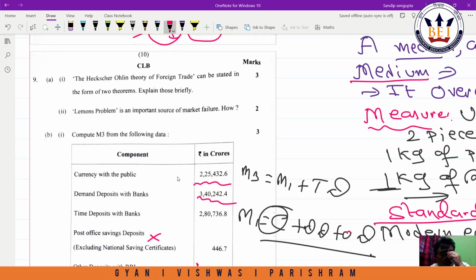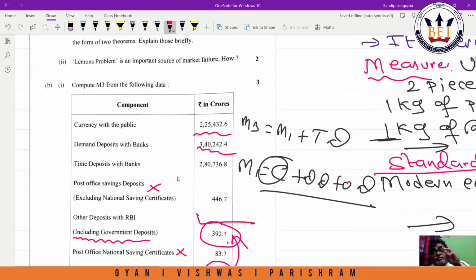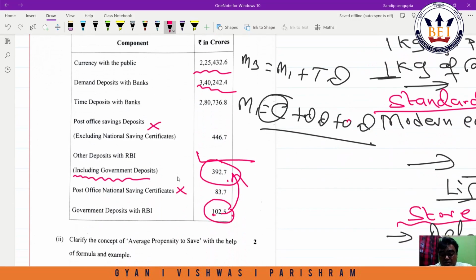Lemons problem, part of asymmetric information, lack of symmetry of knowledge between buyers and sellers. So buyers are exploited. M3 is M1 plus TD. The trickiness is M1. You don't have to confuse with OD because they have given including government deposit.